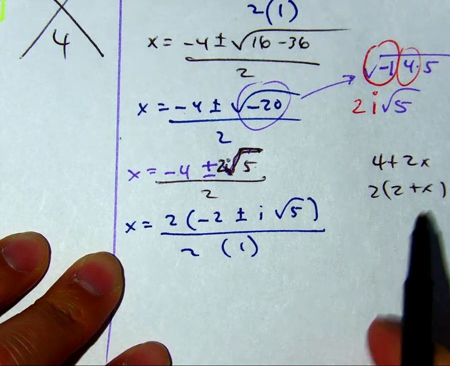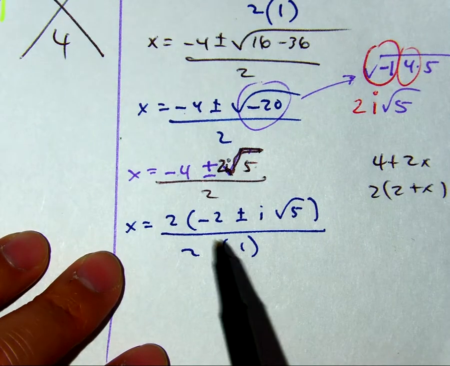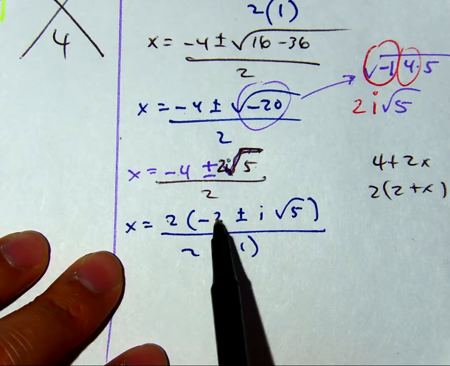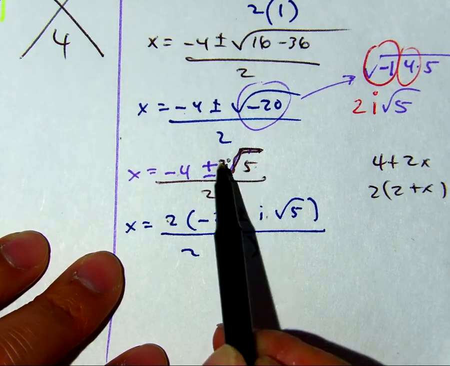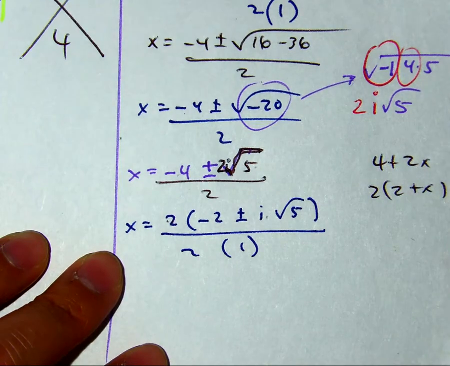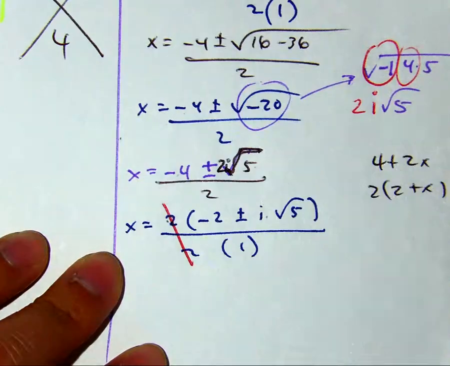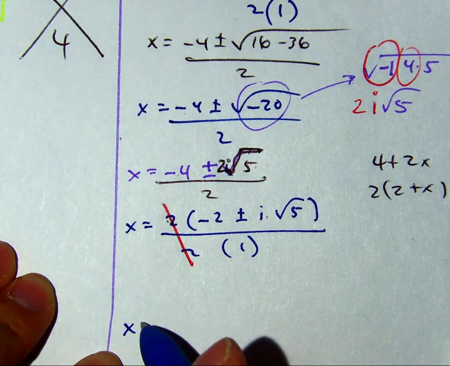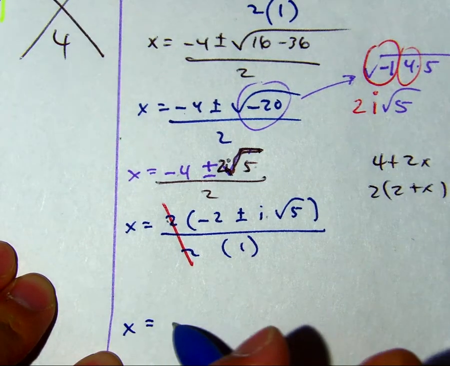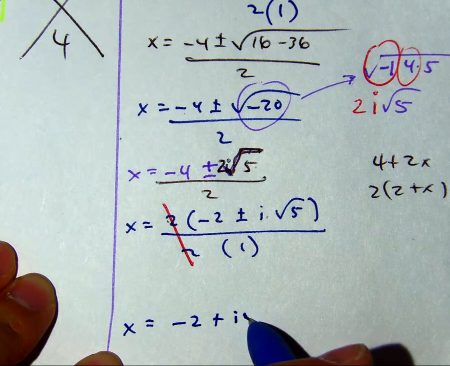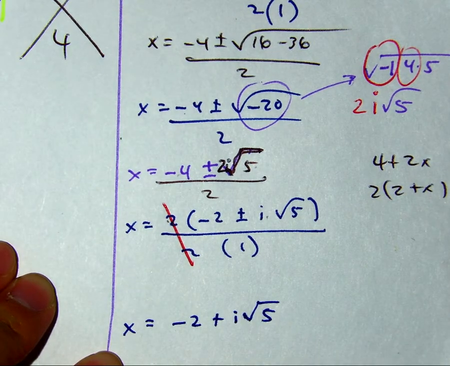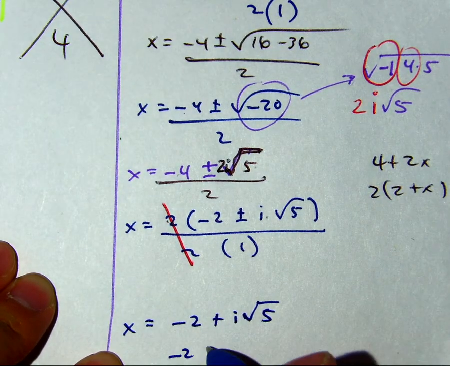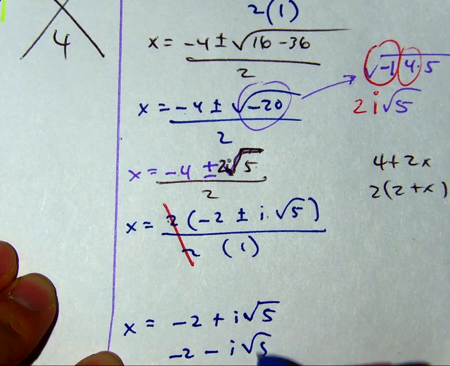So it's kind of like a side problem. And remember, you can always distribute -4, 2i radical 5. My 2's are going to cancel out. So my solutions are going to be -2 plus i radical 5, and -2 minus i radical 5. That's what the plus or minus means.